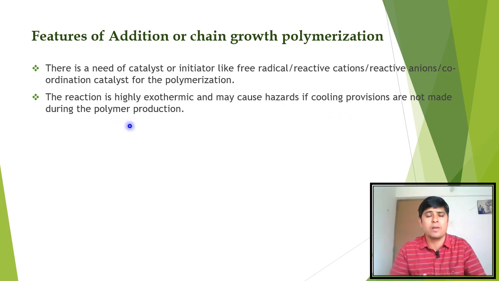Suppose we are producing polymer on a ton scale, we cannot imagine how much heat will be evolved. If the reactor is not cooled, some major accident may happen.